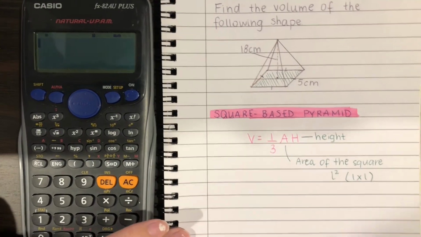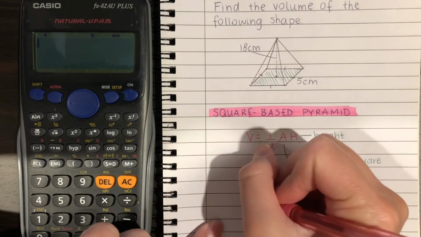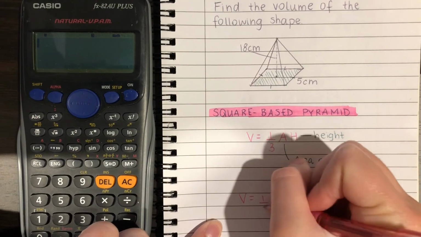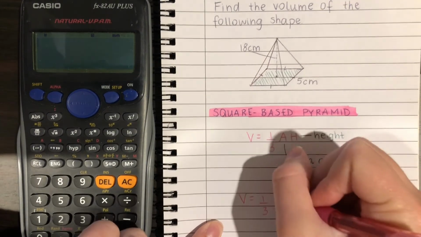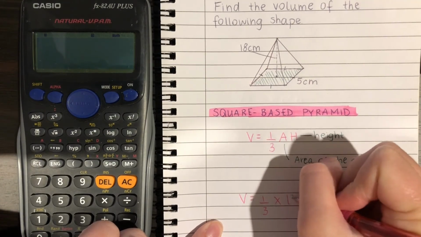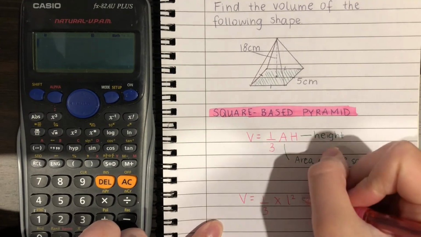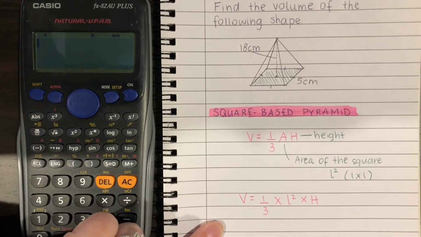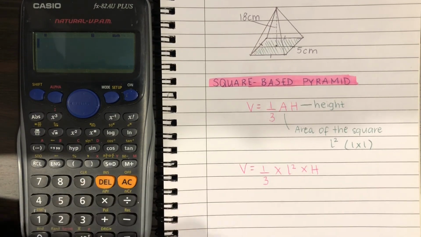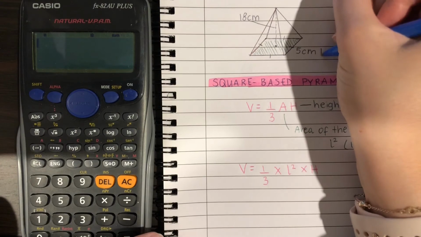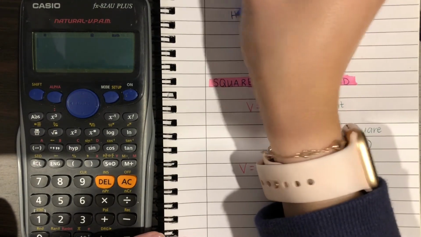All right, so we can now change this formula to V equals 1/3 times L squared times the height. Okay, this is our L and that is our height.